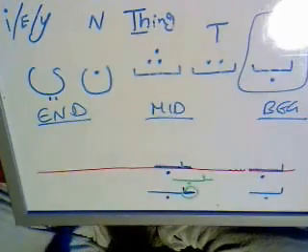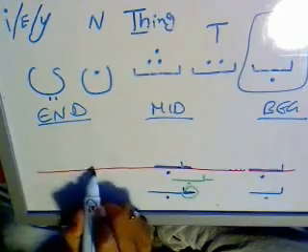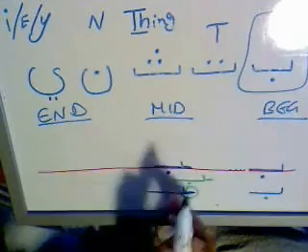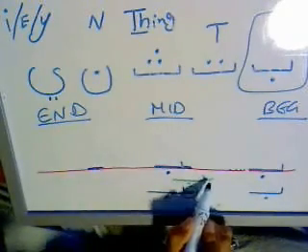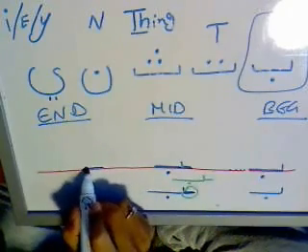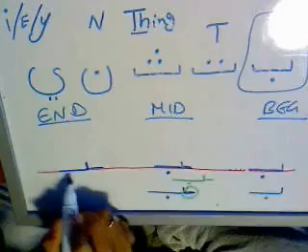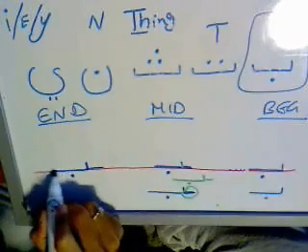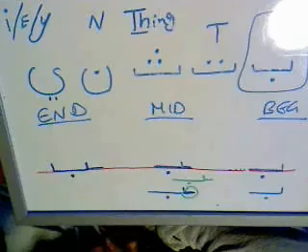Okay? So at the end, I think you already know what happens now. At the end of the word, the ba is preceded by another letter. So I have the helping line, okay, the auxiliary line. Then I begin writing the ba with the dot. But what do you think happens here at the end? Do I close it or not?